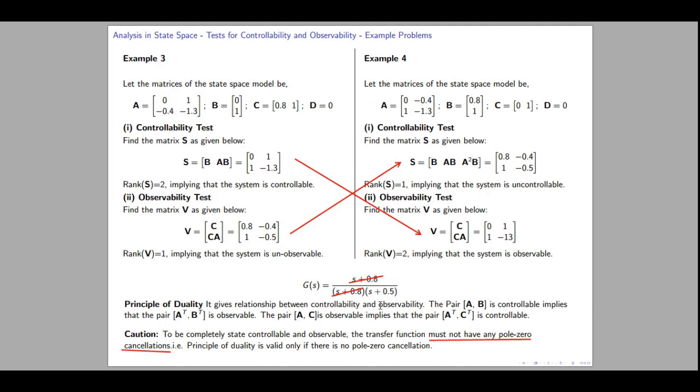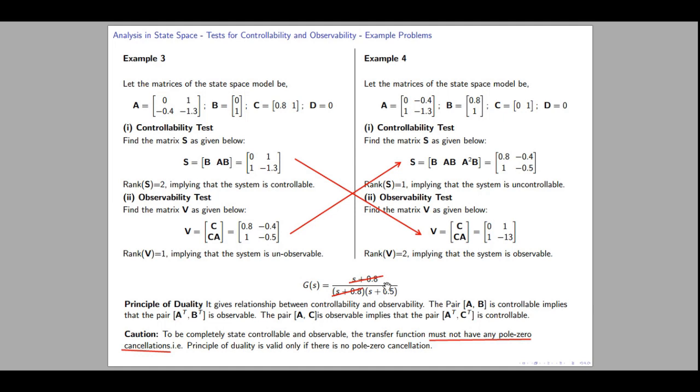This helps me conclude that to be a completely state controllable or observable system, the transfer function must not have any pole zero cancellation. So, this principle of duality is valid only if there is no pole zero cancellation in the transfer function. This is a point to note. Otherwise, the principle of duality holds.